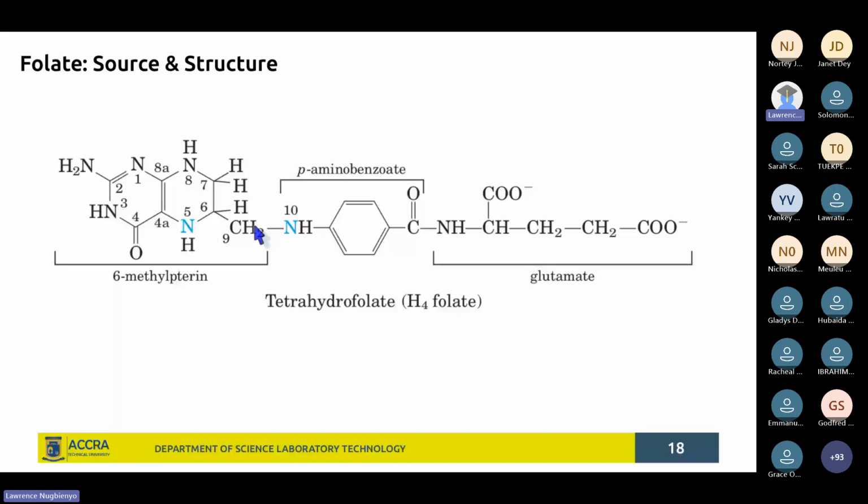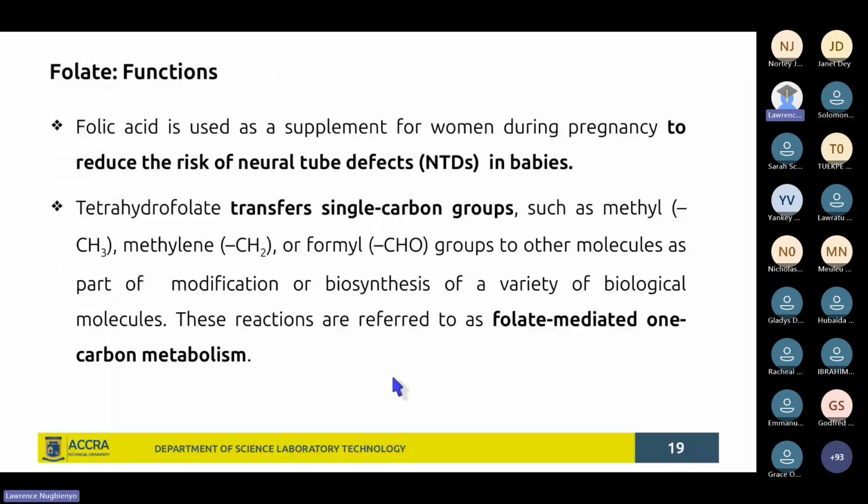These are the particular portions that are active in interacting with the substrate. So you have that, this is a tetrahydrofolate. But generally, this is a general structure for folates or folic acids. And what do these do? The function.